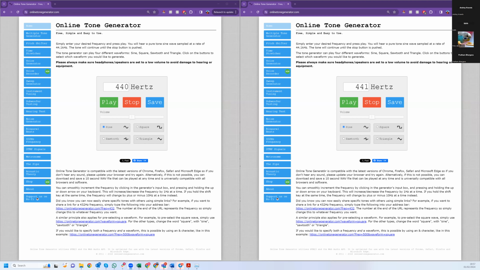Computer says no. Okay, do you see the screen?